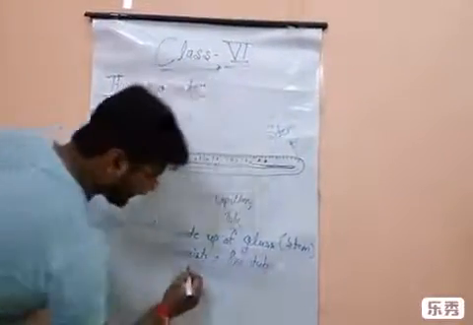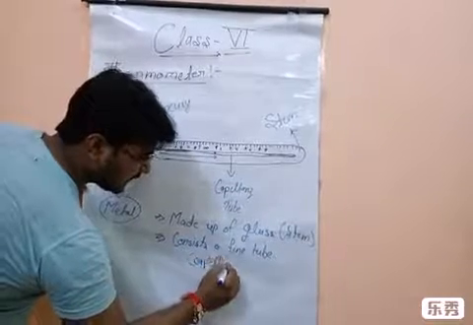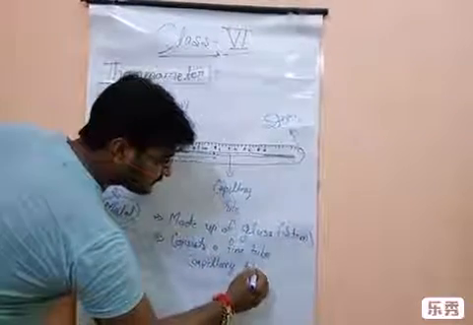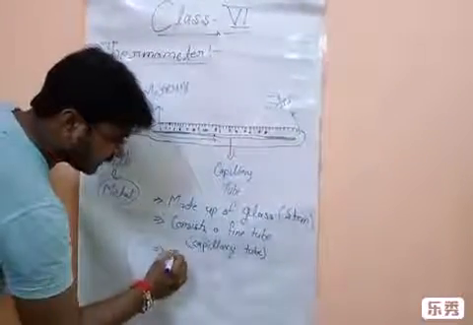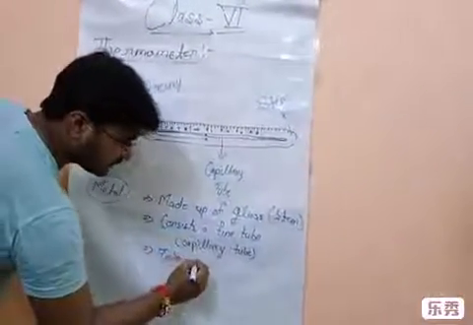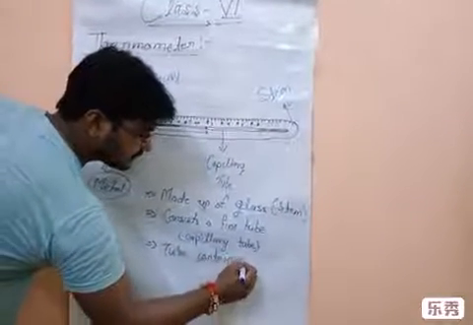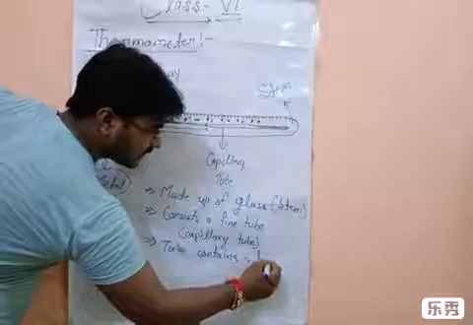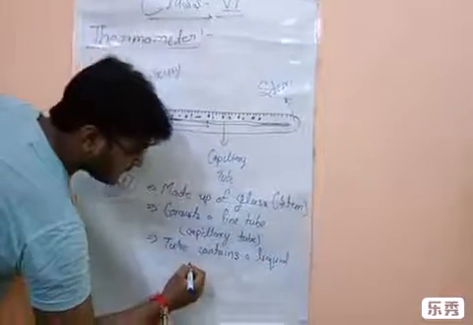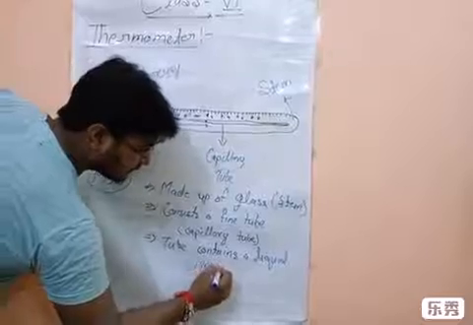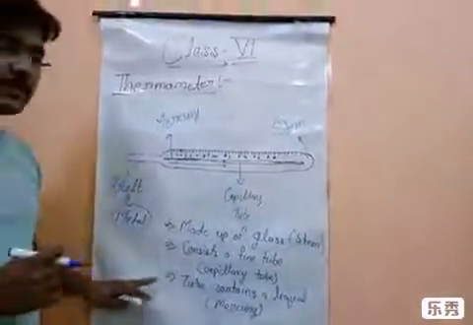Capillary tube. Here I am writing capillary tube, and this tube contains a liquid. Yes, very good. Its name is mercury. Okay, so these three points are clear.